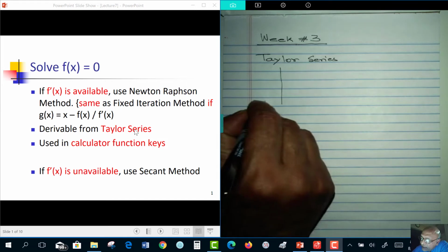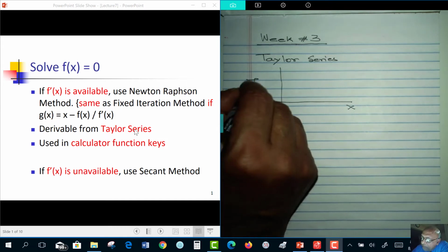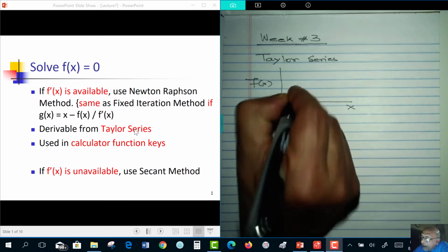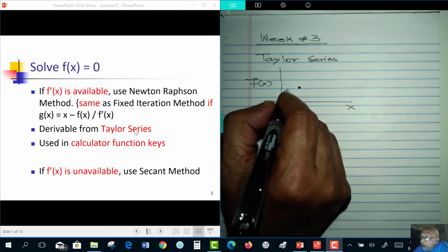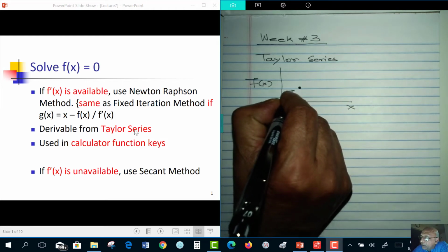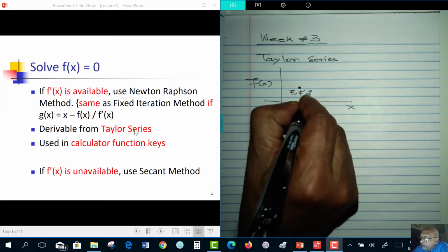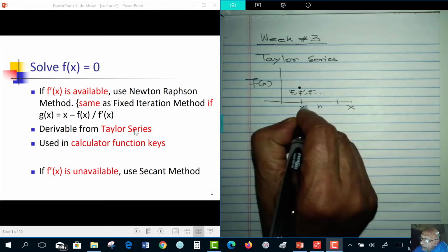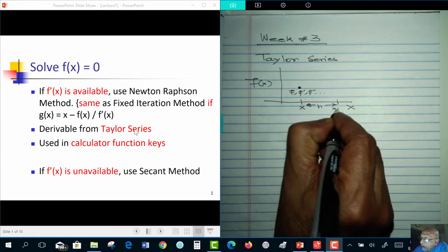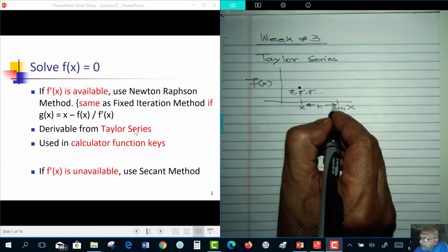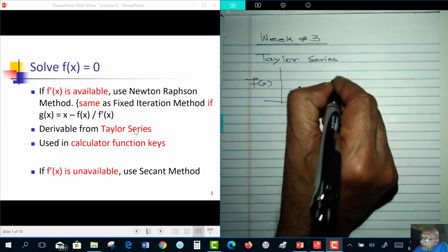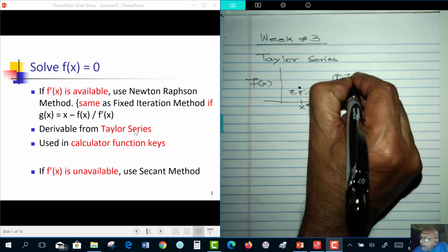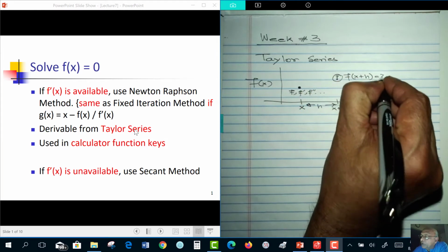So the Taylor series says that if we have a function and we know a lot about the function at x. What do we mean by we know a lot about the function at x? Let's say we know the function value and its derivatives, however many we know. Then at some distance h away, and h can be positive or negative, doesn't matter, the Taylor series allows us to predict what the function value at x plus h is going to be.